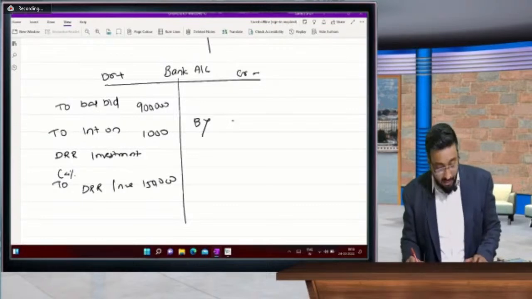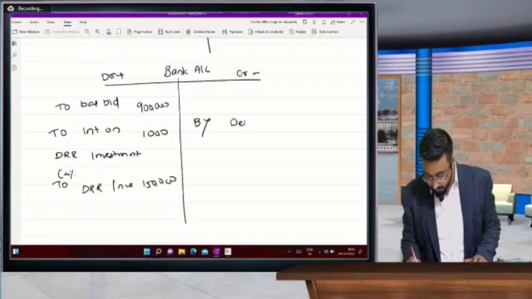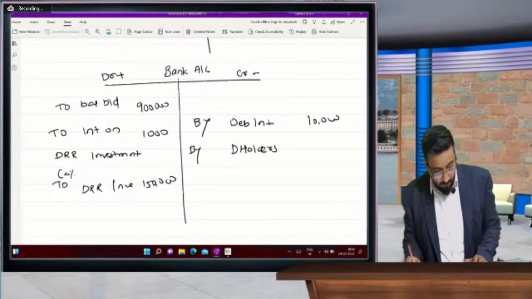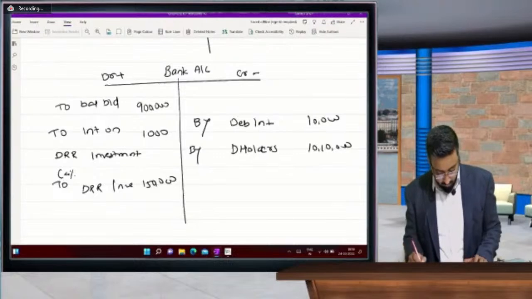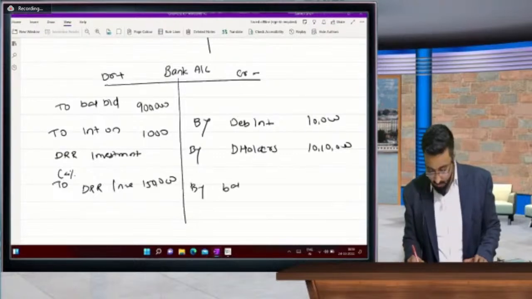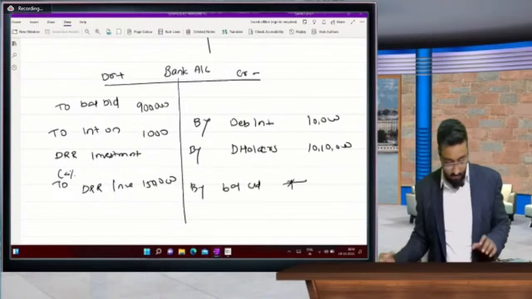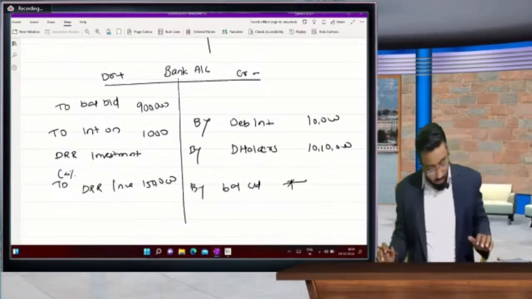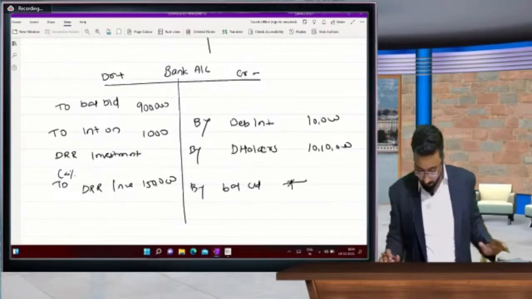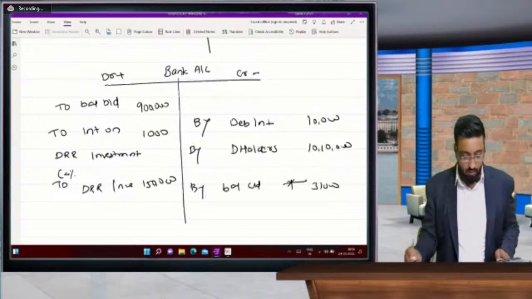Then you paid debenture interest, that is rupees 10,000. Then you paid debenture holders 10,10,000. And last but not least, by balance carried down 31,000.